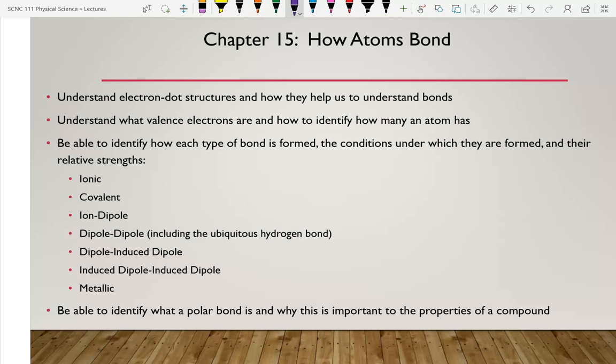Dot structures technically are supposed to work with covalent bonds, not with ionic bonds. So something like a carbon-hydrogen bond. Carbon, hydrogen. This was actually a slide from yesterday.